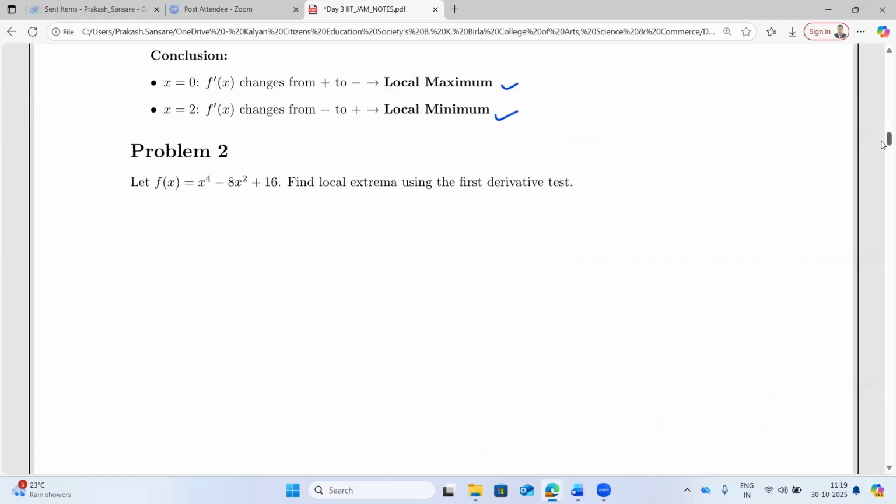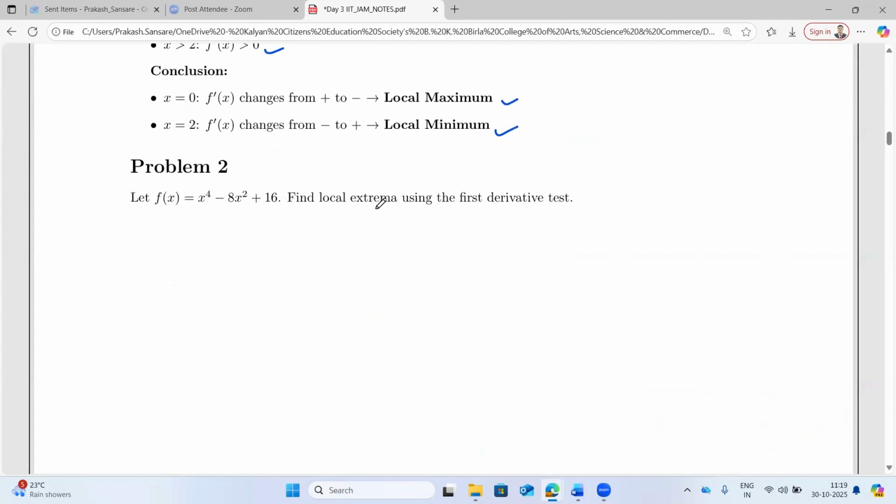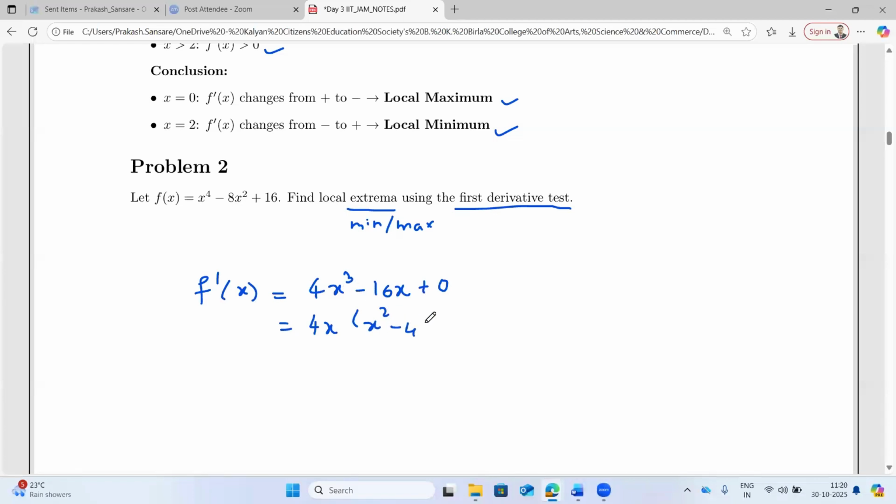On similar lines there is one more: find the local extrema, meaning it's either minima or maxima. The point which is either a maximum or a minimum is called an extremum point. So using the first derivative test, there is another question. Let's find f dash x here. f dash x is equal to 4x cube minus 16x plus 0. You can take 4x common, so it will be x square minus 4, which is 4 times x square minus 4.